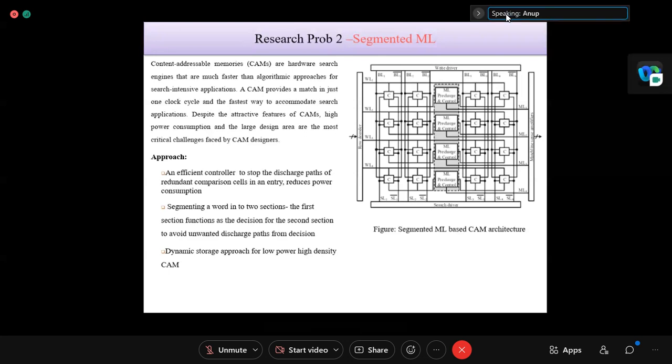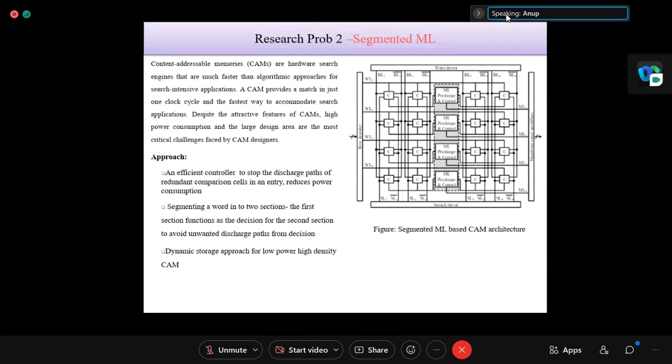For example, the name Anup: if n is not matching, then there will be a total mismatch, meaning the total name Anup will not be matching. So if this matching is done separately, and we are talking about 4 bits, but if it is 128 bits long, then what can we do in parallel?